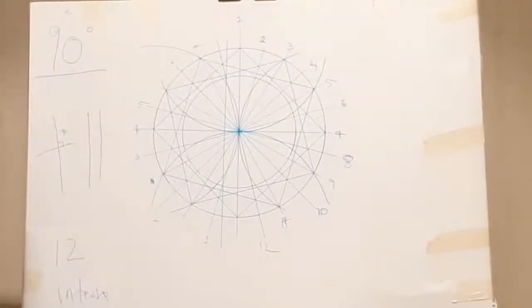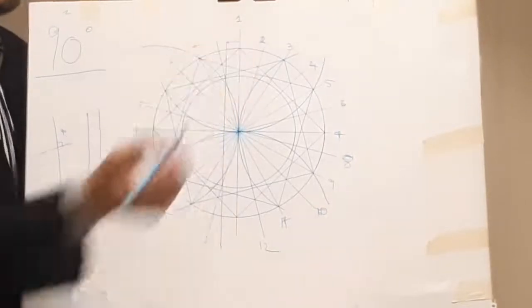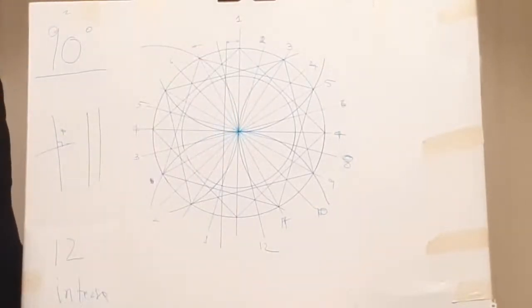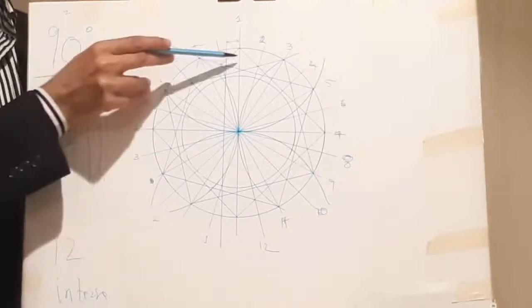So there is one parallel line to the line of origin. If you see, there is a distance between the two lines. So this is parallel to this line.